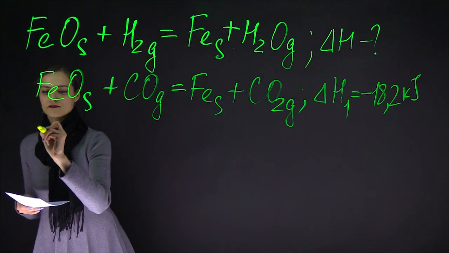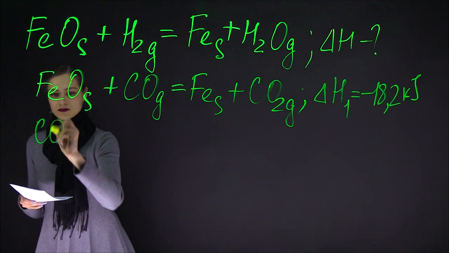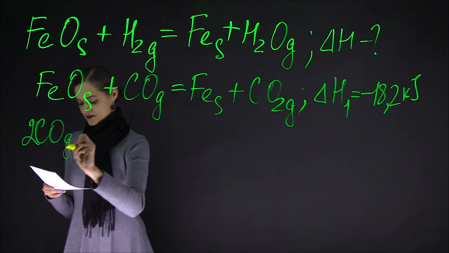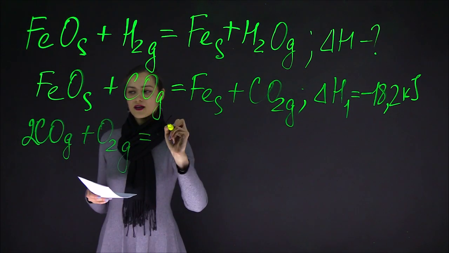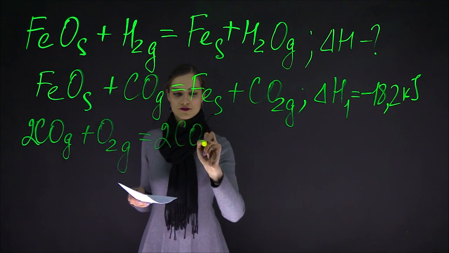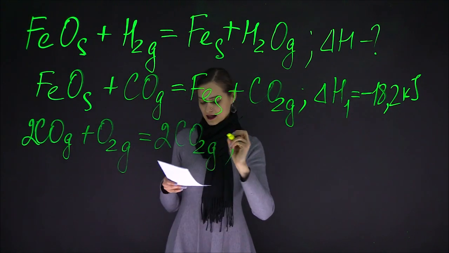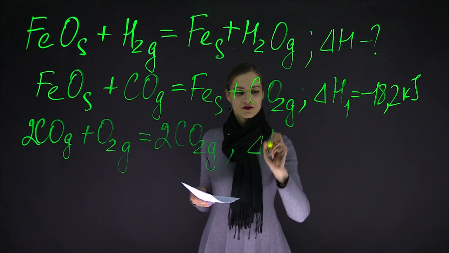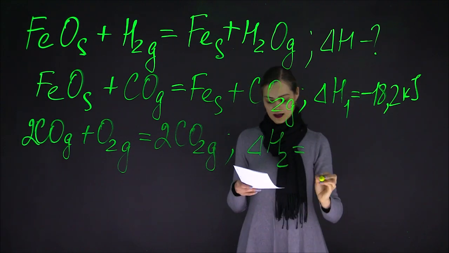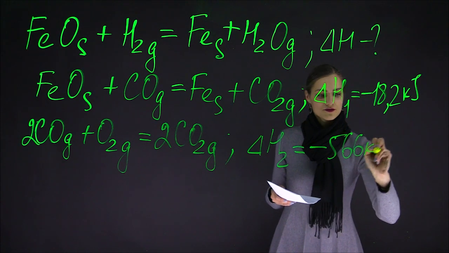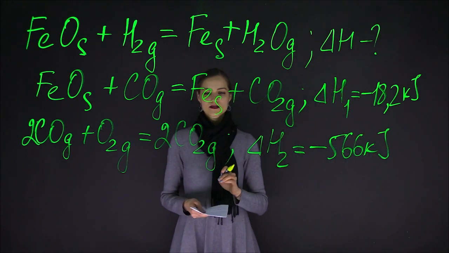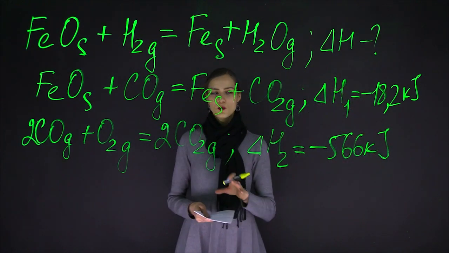Next reaction: 2CO, so we have a combustion reaction, gives us 2CO2, and the heat effect of this reaction is minus 566 kilojoules. And the standard heat of formation of water is given.